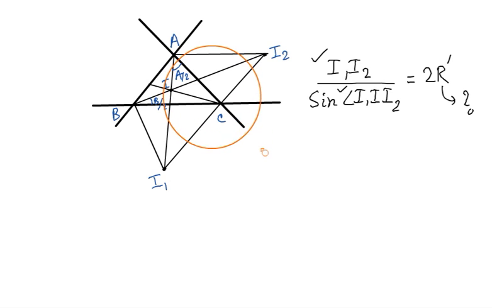It means we'll be able to pass a circle through these 4 points A, I, C, I2, somewhat like this. So these 4 points are concyclic.